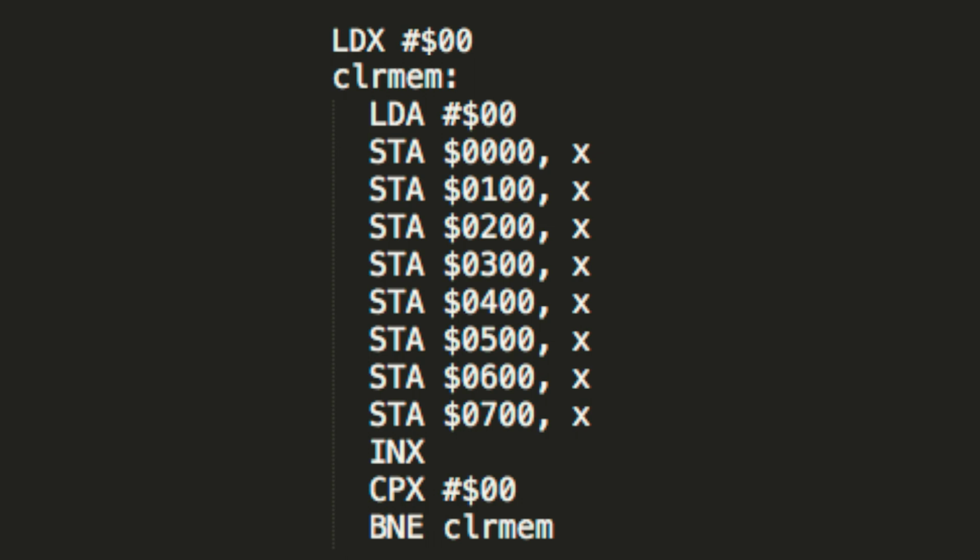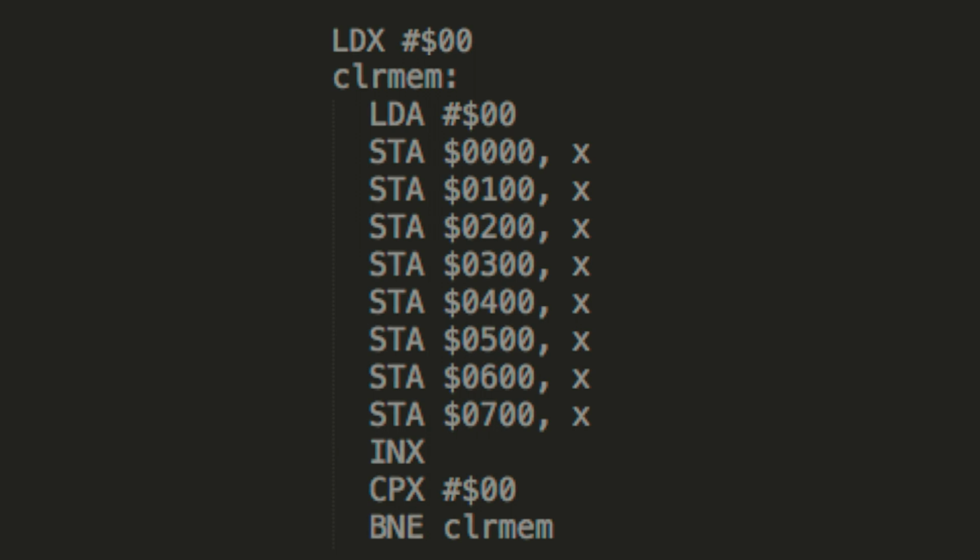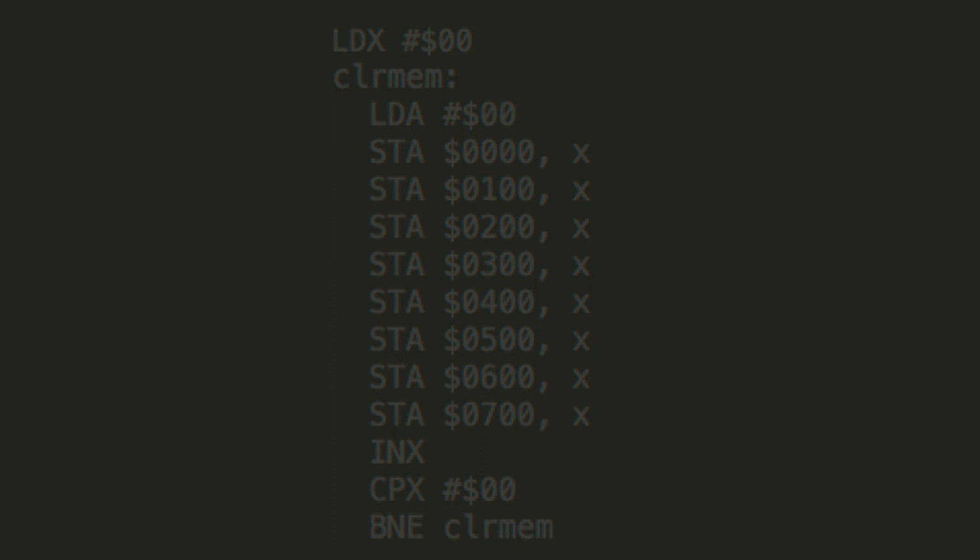So if X isn't equal to 0, then branch back to the initial label for clearing the memory. And so we're going to do that 256 times. As we clear the memory, we're going to jump back. And then once X rolls over back to the value of 0, this branch if not equal won't branch anymore. And so we'll go past this branch instruction and continue on into the rest of our game code.